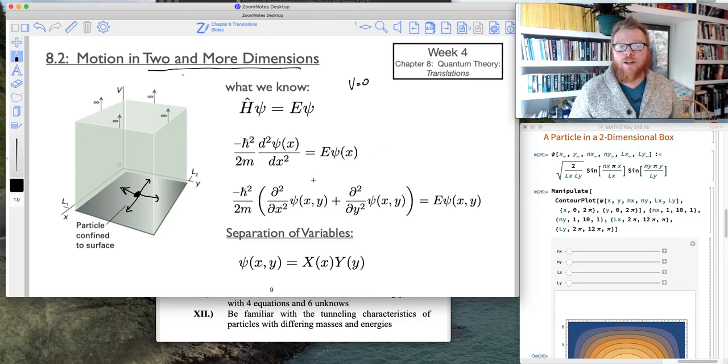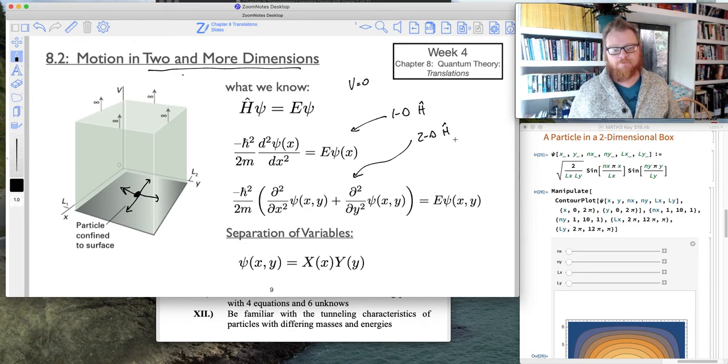But now, look, the way that we apply this to multiple dimensions here, okay? So this was the 1D Hamiltonian. This now becomes our 2D Hamiltonian, okay?